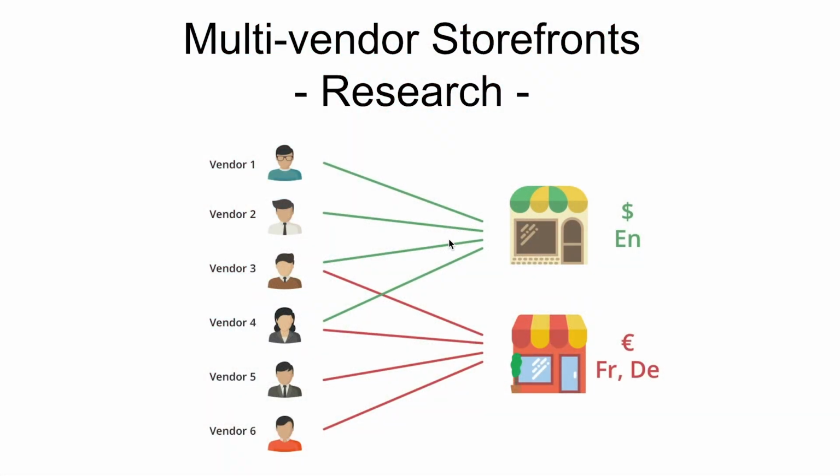Okay, so the next feature is also very interesting, and it's called storefronts. As you probably know, in CS-Cart we have CS-Cart Ultimate, and it allows you to create different storefronts, and those storefronts can be used for different locations or groups of products.